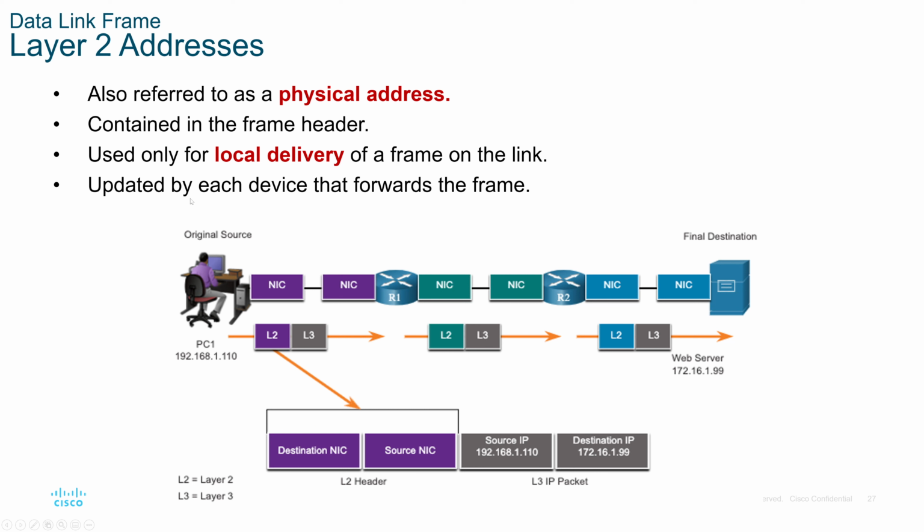So that's what it means by being updated by each device that forwards the frame. Each time it gets forwarded from this node to the next node, like this router to the next router, that physical address changes. And that's what you need to understand in this layer 2 addressing slide.